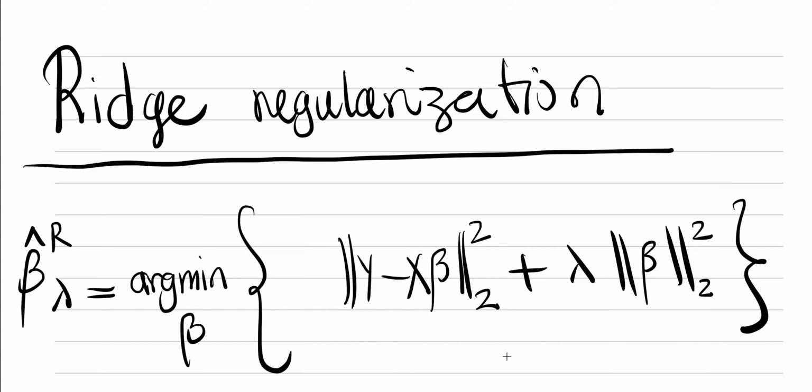Can we formulate this problem as a least square problem, so we use our knowledge of least squares to apply it to ridge regression? And the answer, obviously, the way I ask it, is positive.